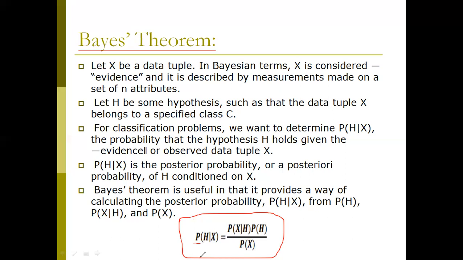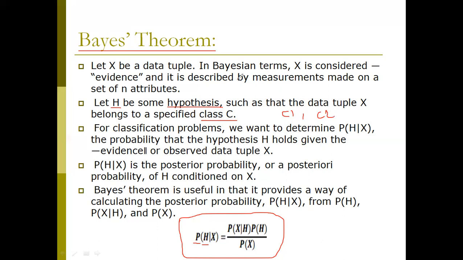Next, what is H here? H is some hypothesis, such as that the data tuple X belongs to a specified class C. H is used to represent either class label 1 or class label 2.